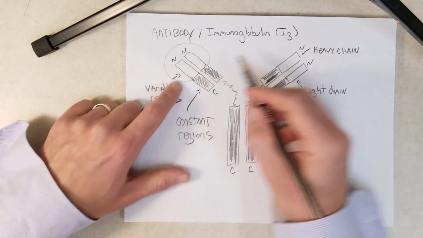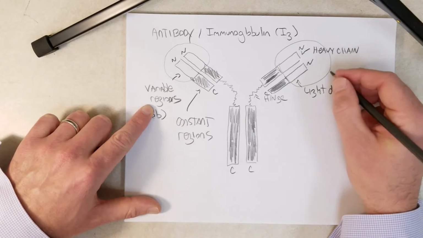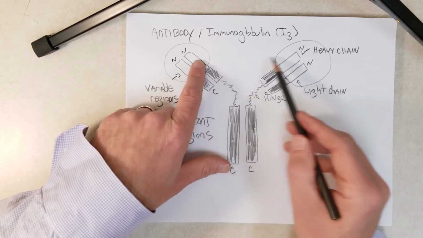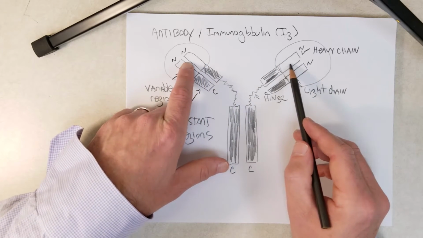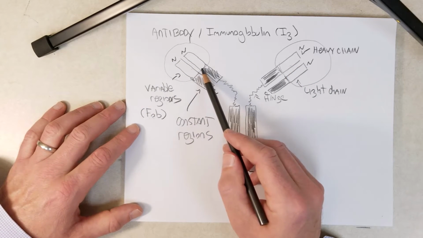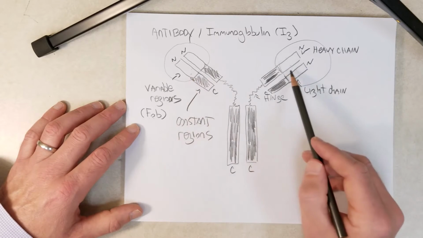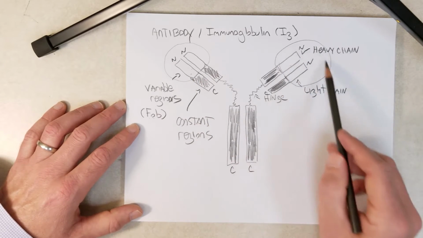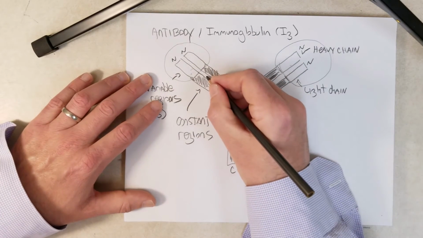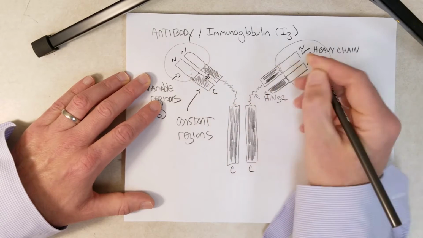So in this part over here can bind an antigen, and this part over here can bind the same antigen. I used to think of these sides together would bind an antigen, but I believe it's more correct to think of it as this can bind the antigen, and this can also bind the similar antigen independently of each other. I should also say the light chains and heavy chains are held together by disulfide bridges.